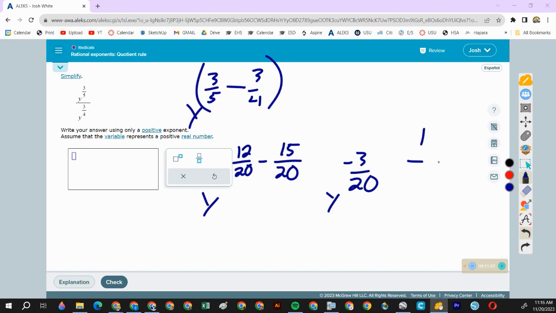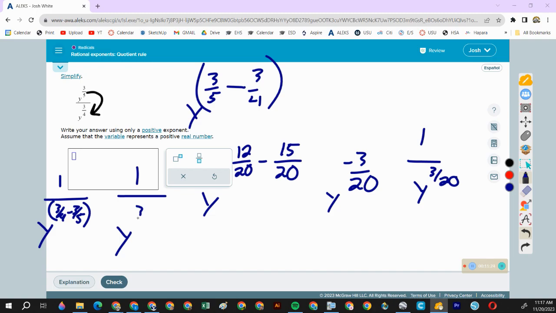So 1 over y to the 3 over 20. So what I should have done is subtracted in this direction, right? So it should have been 1 divided by y to the 3/4 minus 3/5. And that gives me 1 over y to the 3 over 20. I wasn't thinking when I did that.